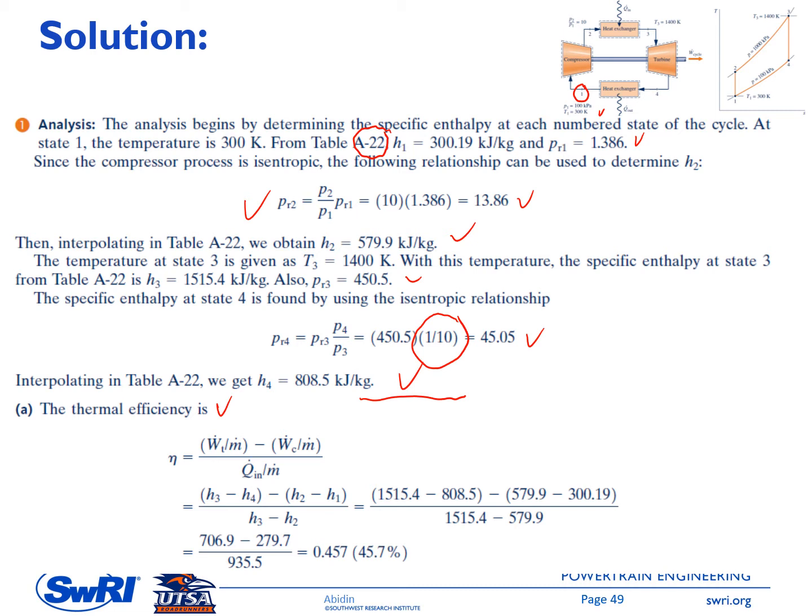All parameters here are on a per unit mass basis. So you get this relationship: H3 minus H4, minus H2 minus H1, over H3 minus H2. You have all the numbers, just plug them in, and you get the thermal efficiency of this ideal Brayton cycle is 45.7%.